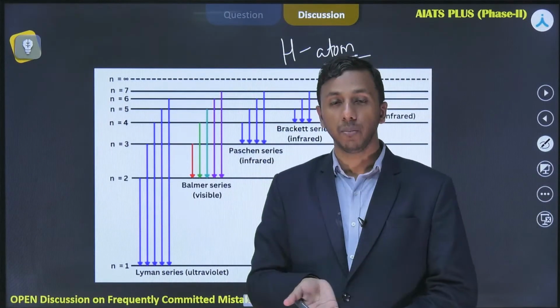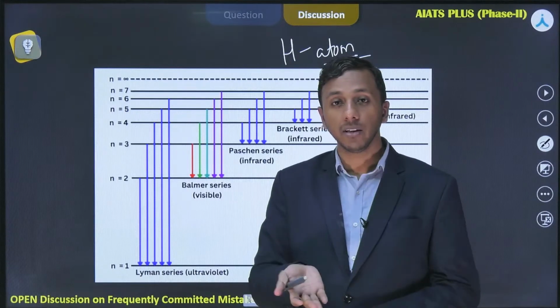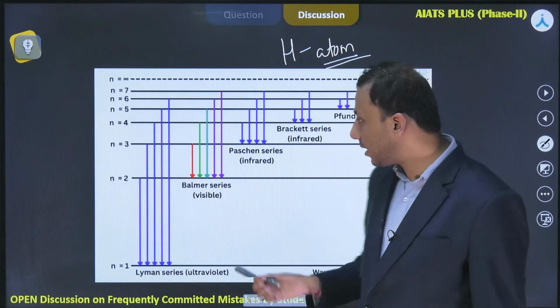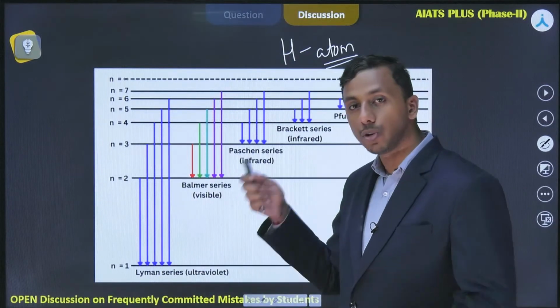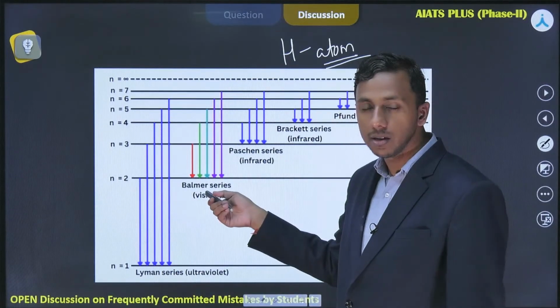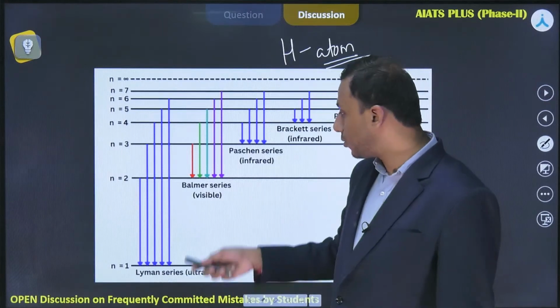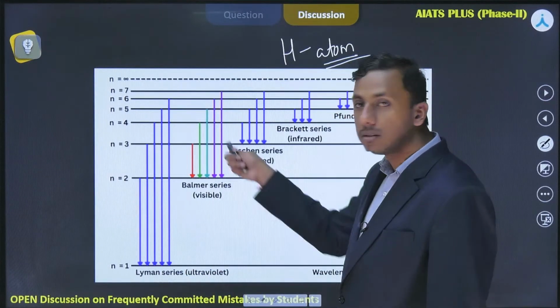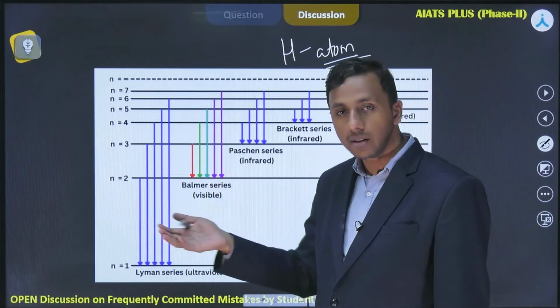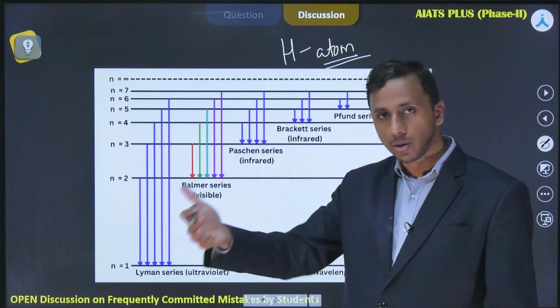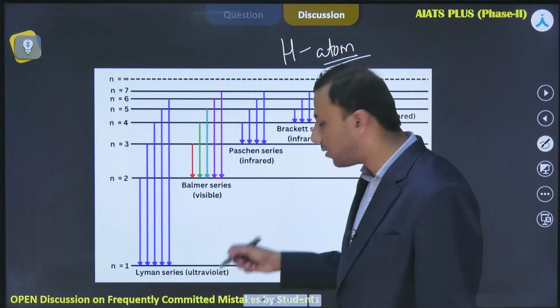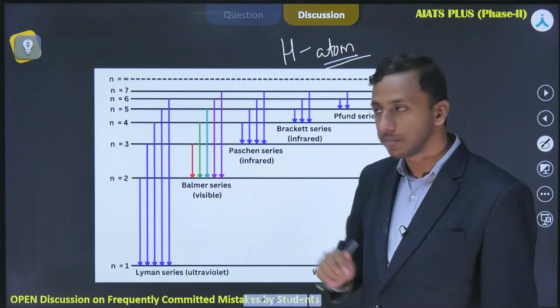So the energy would be more, which means the wavelength would be less. And if Balmer is visible, the wavelength here should be less than the wavelength of visible light. That means it comes out in the range of ultraviolet. Obviously, for that you have to do the calculation and find out whether it is actually ultraviolet or not.